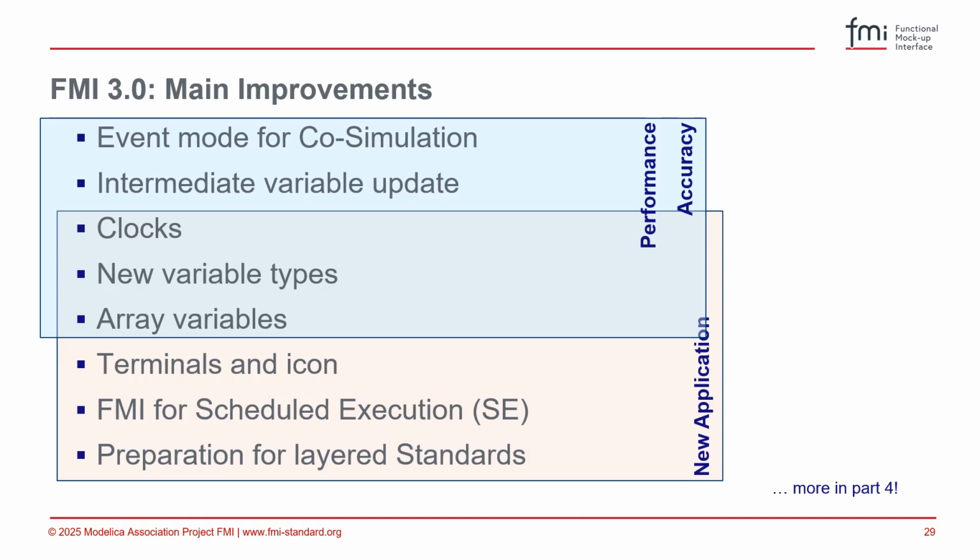We have FMI for scheduled execution, which I mentioned on the slide before. And we have the preparation for layered standards, which are extension mechanisms that build on top of FMI. And this supports both better performance and accuracy and new applications. We will see more of these features in a demonstration in part 4 of this tutorial.